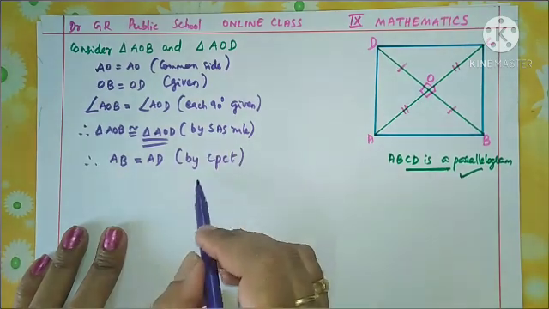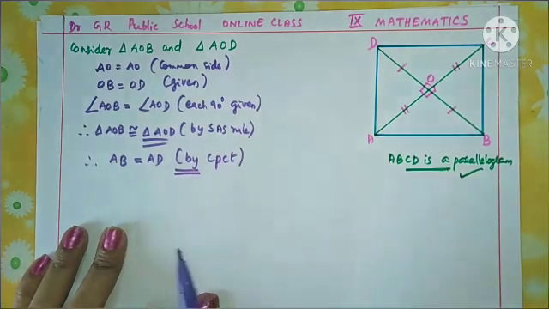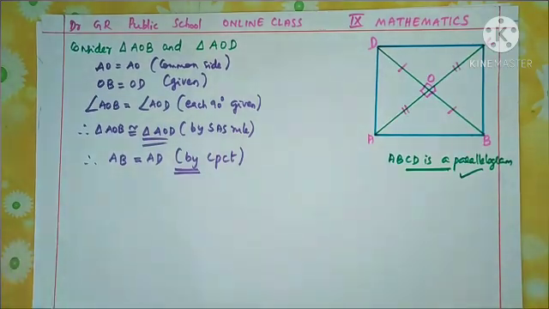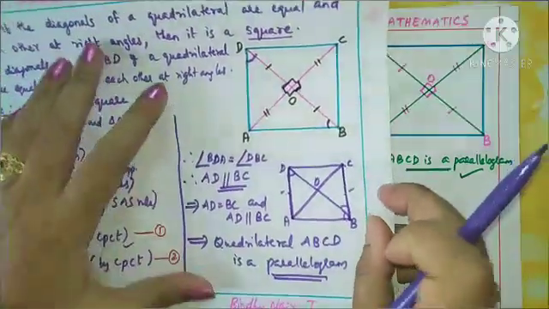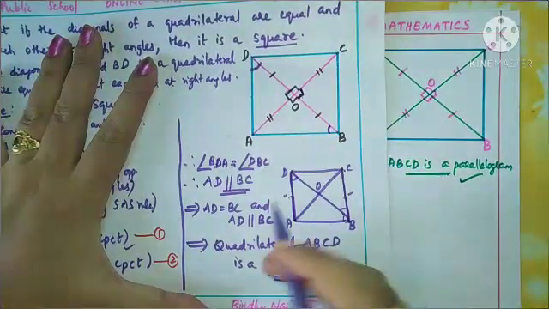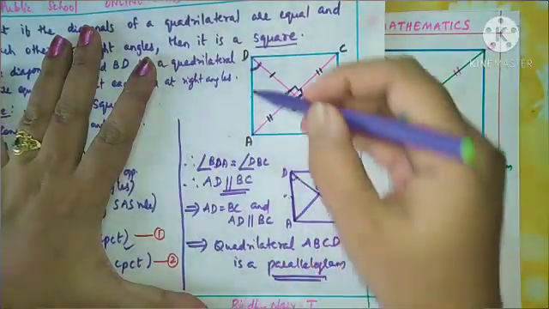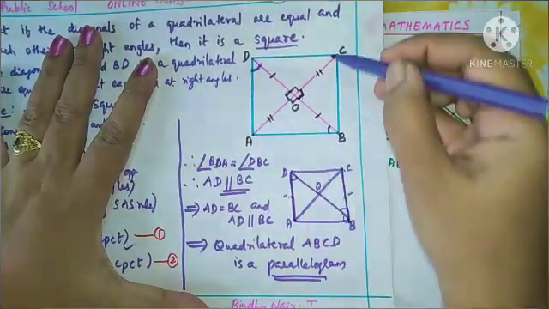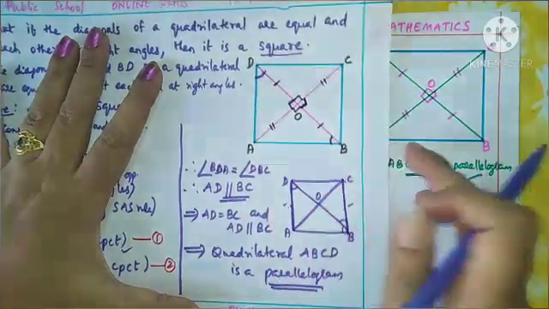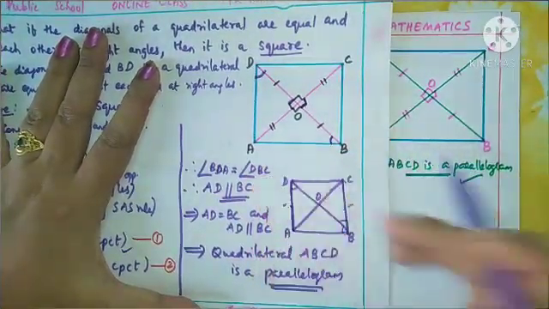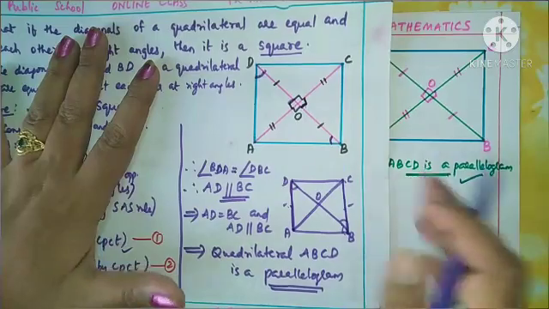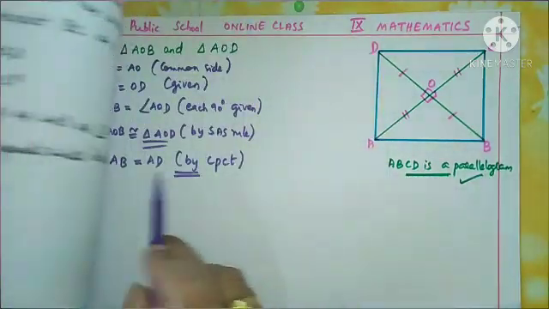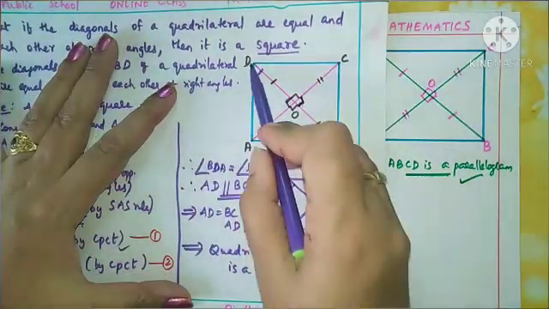So, we got one more result. In the previous step, we showed that AD equal to BC. These two sides are equal. We proved that in the previous part. And now we got AB equal to AD.